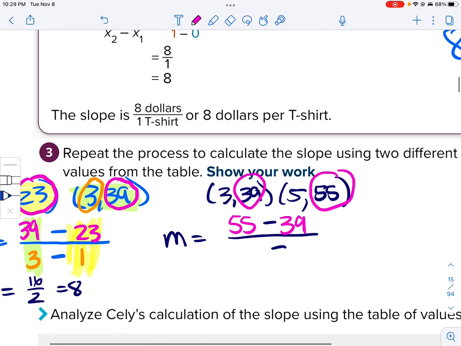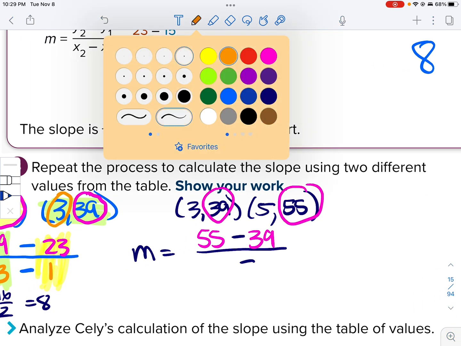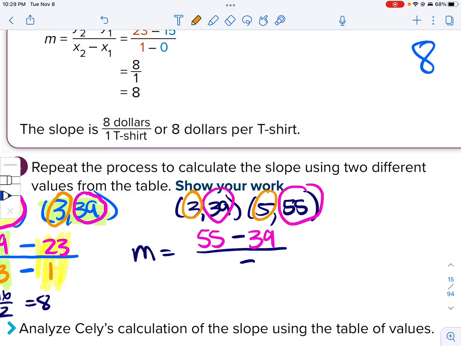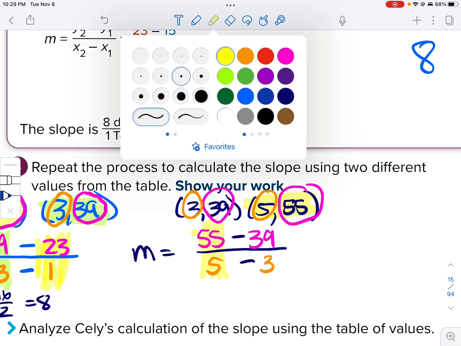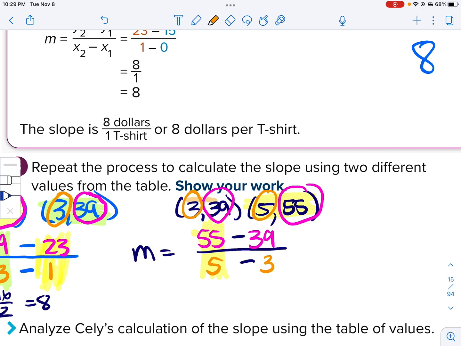Then I'm going to take my x values, and subtract those. I'm going to do 5 first, and then the 3. Again, these two came from the same point. So m equals 16 over 2, which is 8.